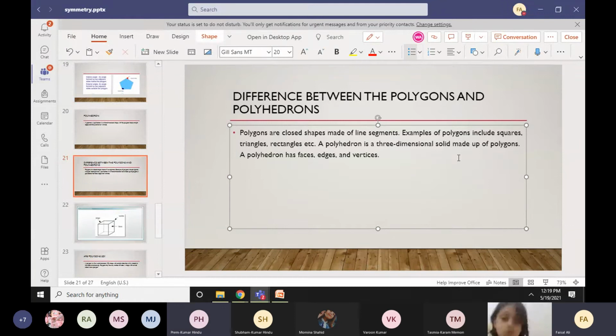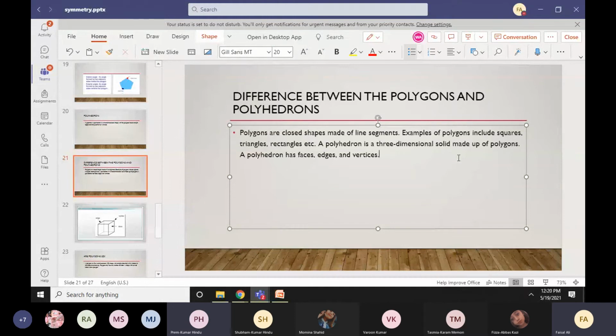Like in our room, how many walls are there in your room? There are 4 walls. Each wall is a rectangle or a square.